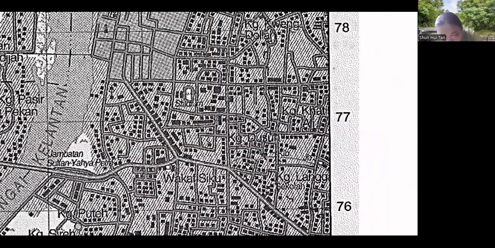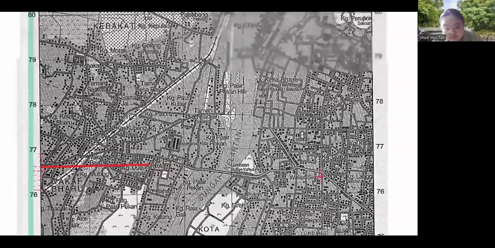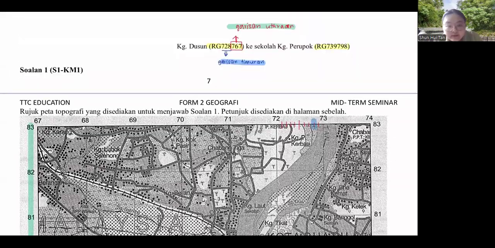Now, to be easy, I draw an arah mata angin here so that you can know that we're going to start here. This is the first point, right? And then the second point, they tell you Sekolah Kampung Perupuk 739,798. 739.